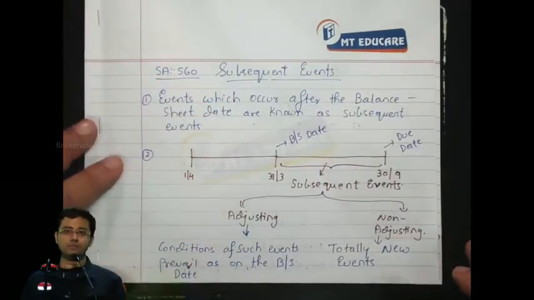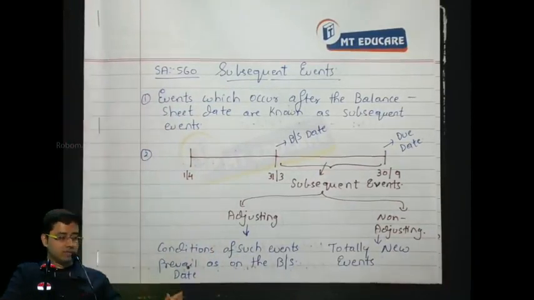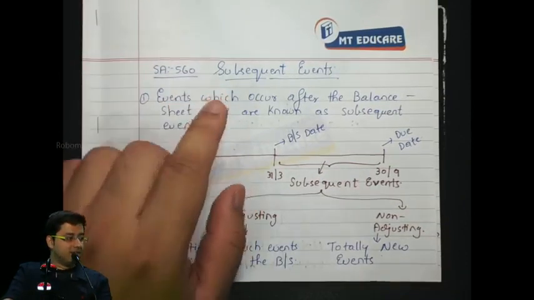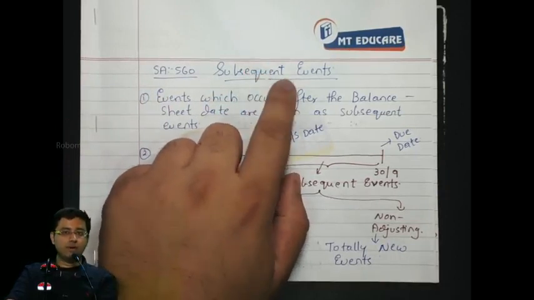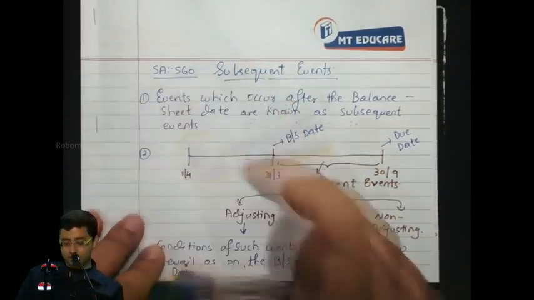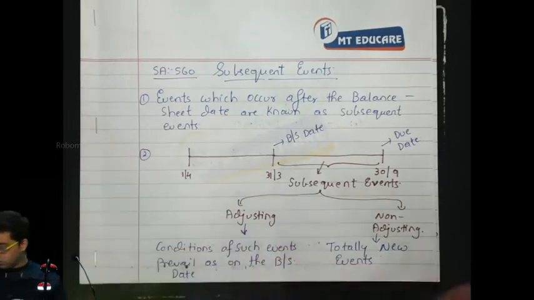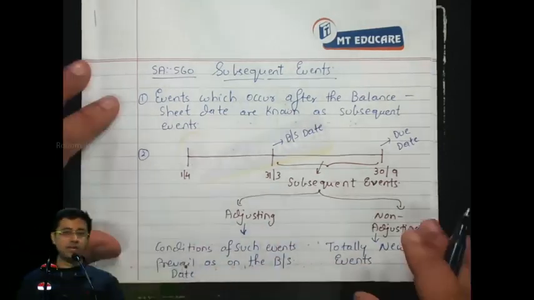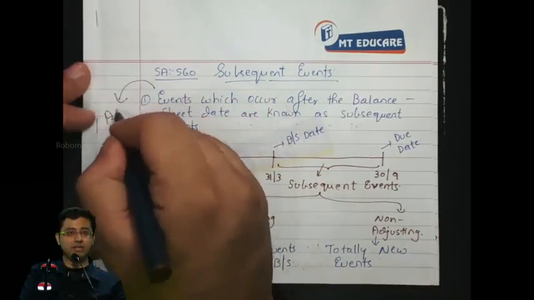Pay attention. When we are talking about subsequent events, how does the concept work? Look at this word subsequent. Subsequent means afterwards. In accountancy there is a standard AS4, which is called events occurring after balance sheet date.